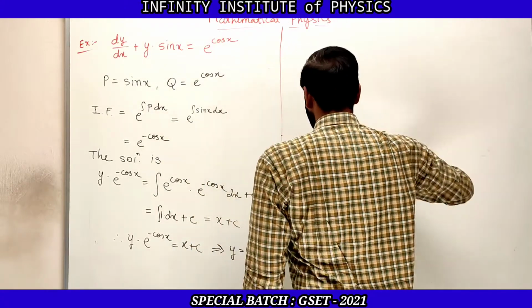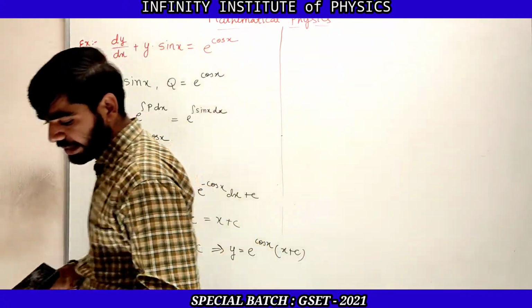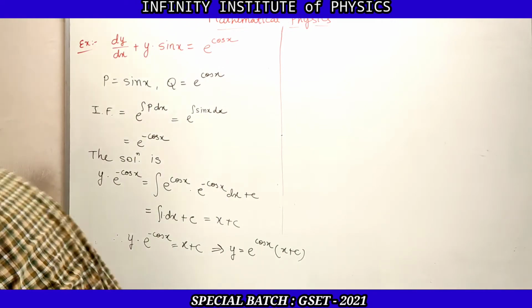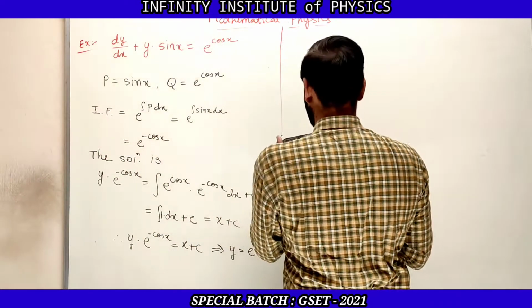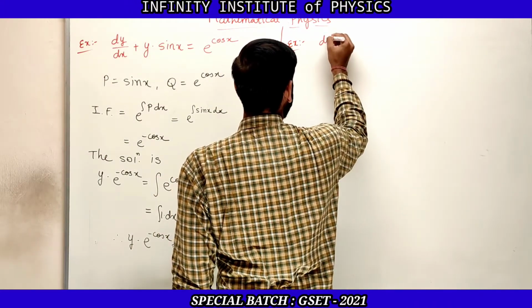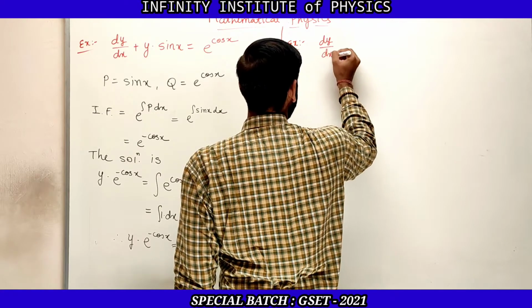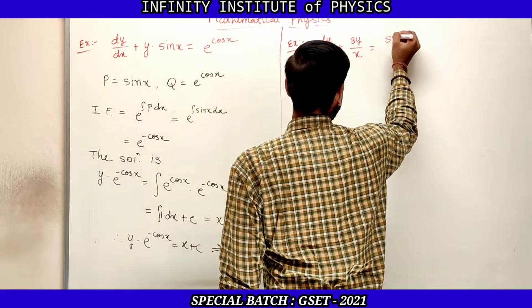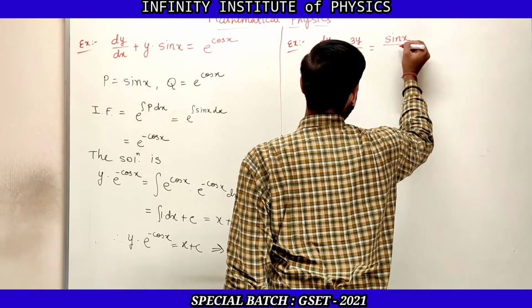So now the next example is dy by dx plus 3y by x, which is equal to sin x by x cube.